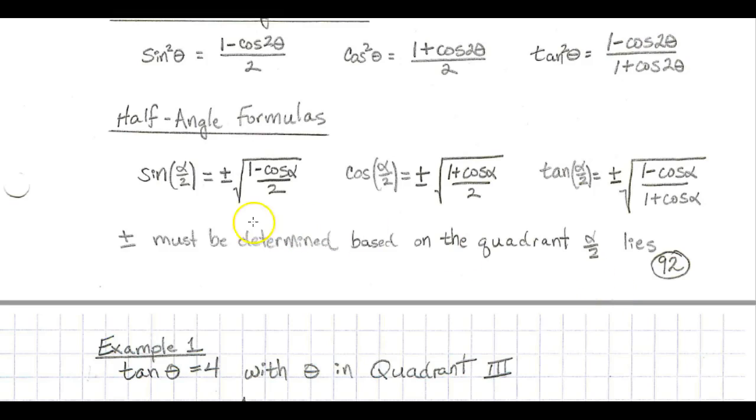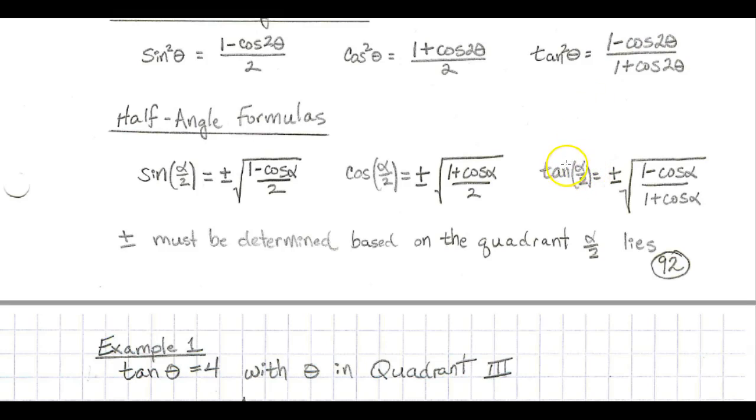The half angle identities: if you want the half angle, so sine of theta over 2, you can think of taking the square root of this, and that's how you get plus or minus the square root of 1 minus cosine of alpha over 2, where theta is alpha over 2. Cosine of alpha over 2, take the square root of this where theta is alpha over 2, so you get plus or minus the square root of 1 plus cosine of alpha divided by 2.